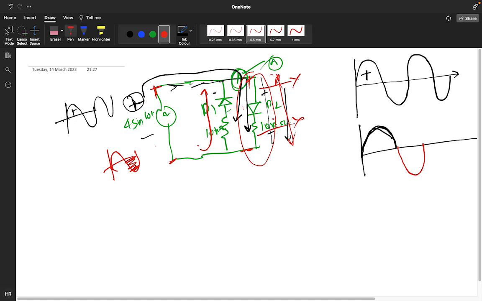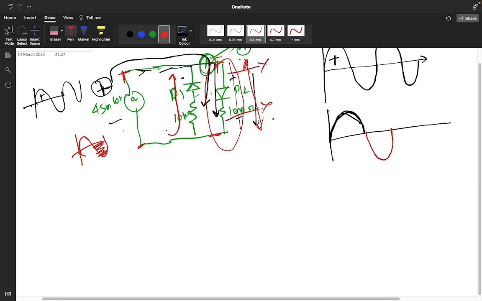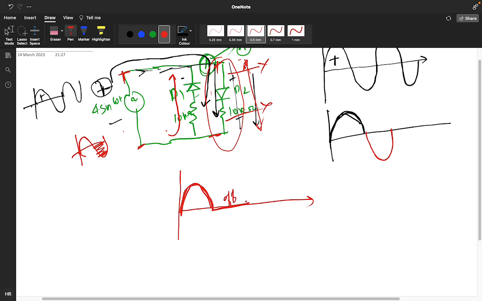Now suppose you need to draw separately. For this branch, D2, the voltage follows the positive half cycle, but the negative half cycle is off, again following the positive half cycle while the negative half cycle is off.